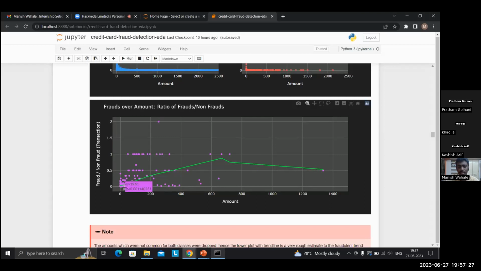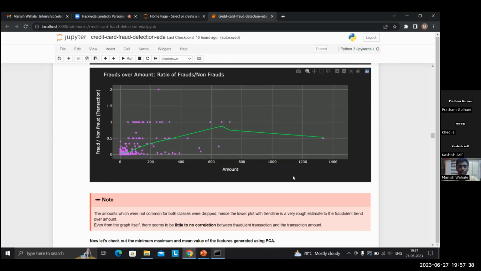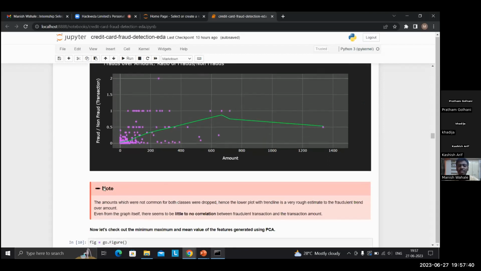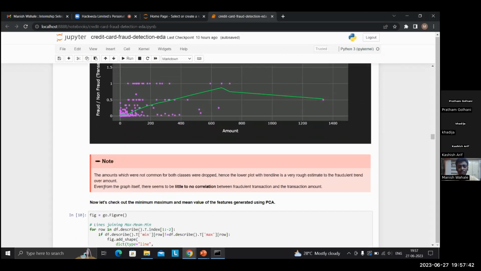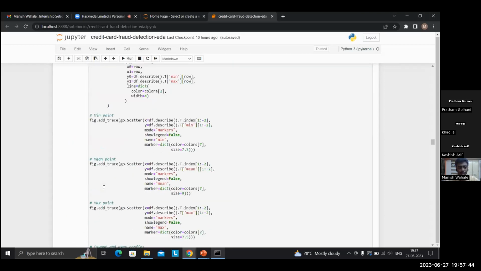We can see here that the trend line increases and decreases. So we cannot tell from this graph that the amount is that important for frauds and non-frauds. So amount has little to no correlation in this transaction.